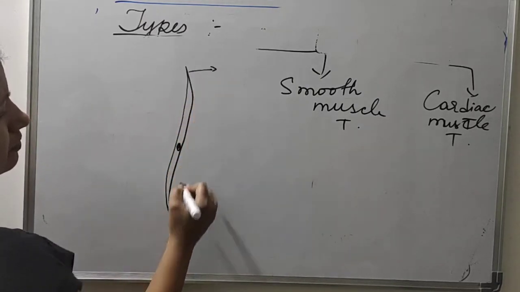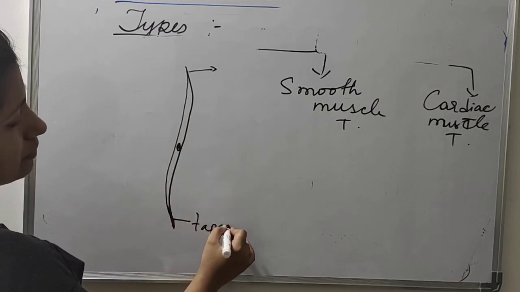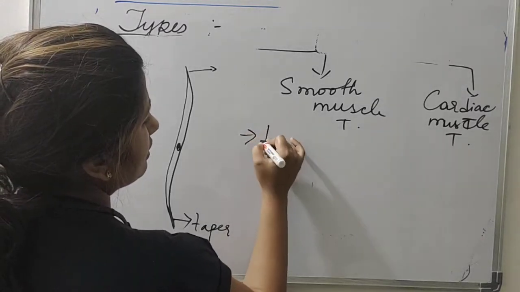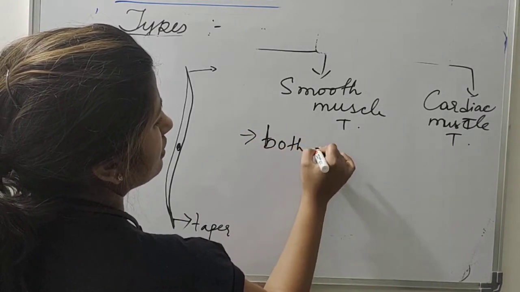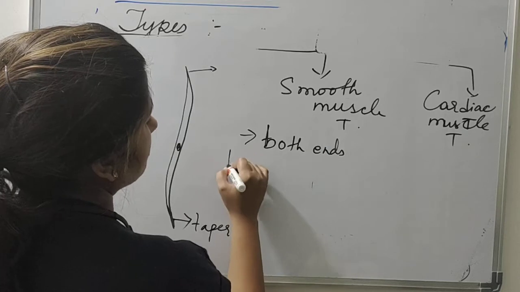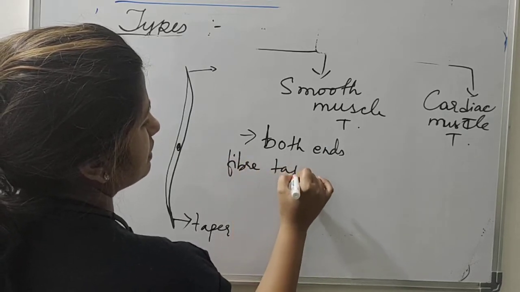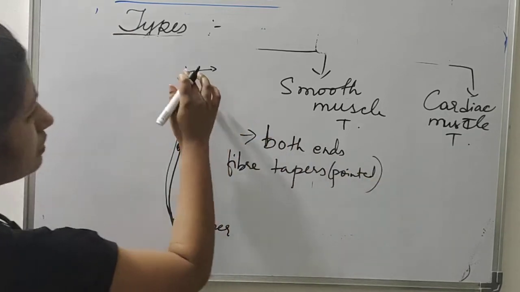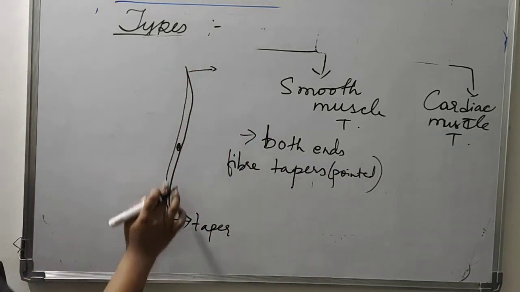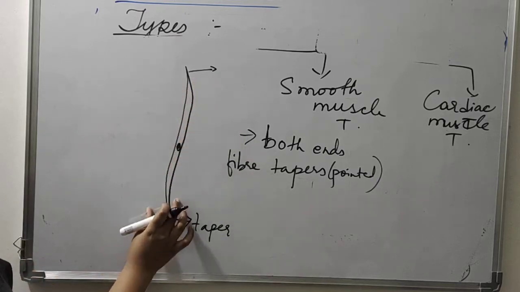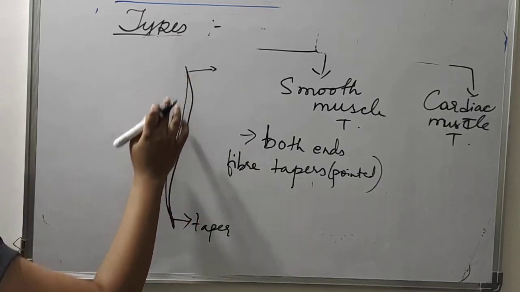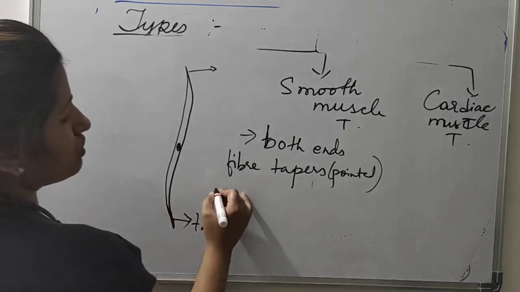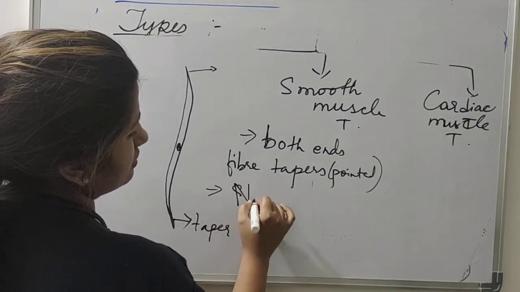It is tapering, from both ends of the fiber. Tapers means pointed. You can see here it is pointed, here it is pointed. Both ends of the fiber are tapering, and there is no striation, no stripe.